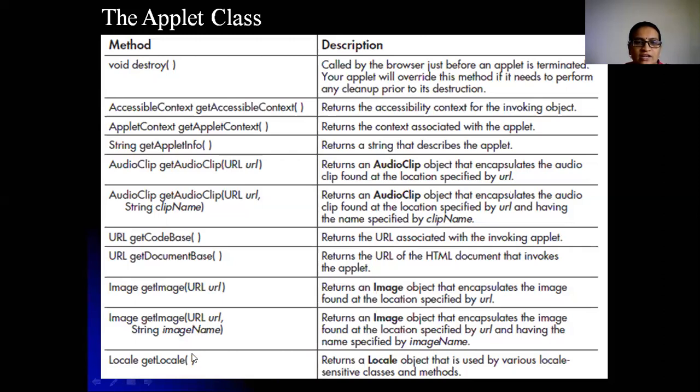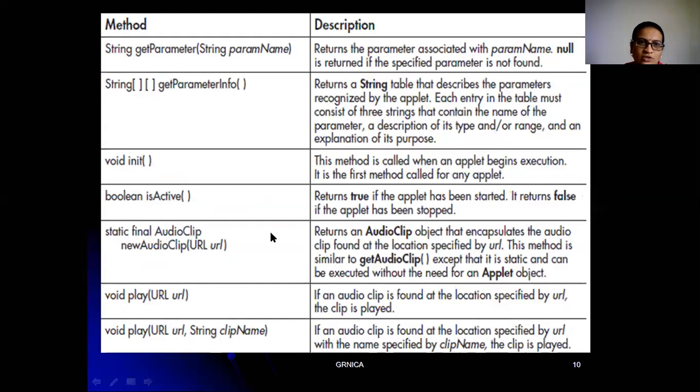Here we have several others: get code base, get document base, get image, get audio clip, how to include an audio clip, and applet information, which describes the applet as a string. You can just go through them once; this is not needed actually.